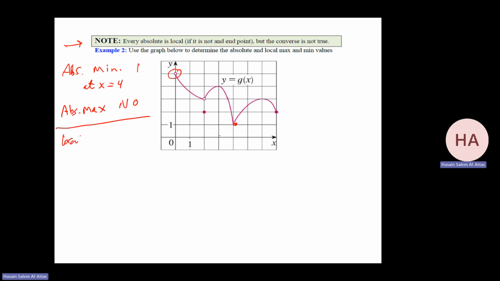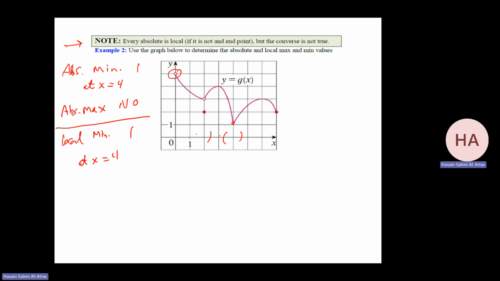Now, local minimum. Check where we have local minimum. This one cannot be local minimum because this is an endpoint. This one is a local minimum. If we take an open interval, so this will be local minimum. So I have local minimum 1 at x equal 4. What else?